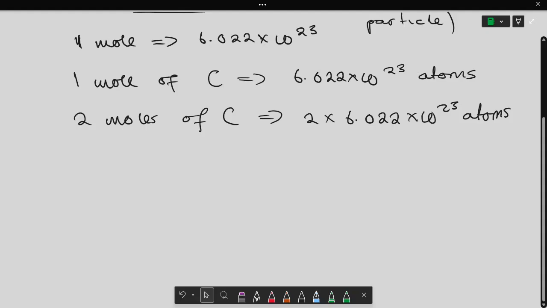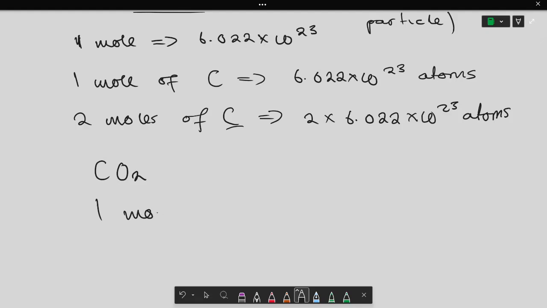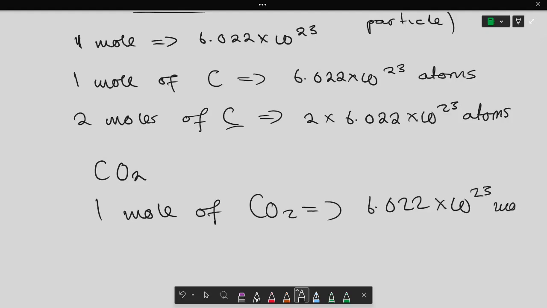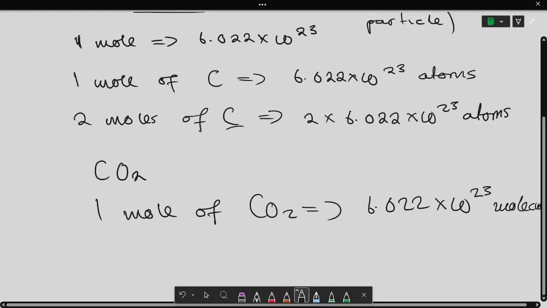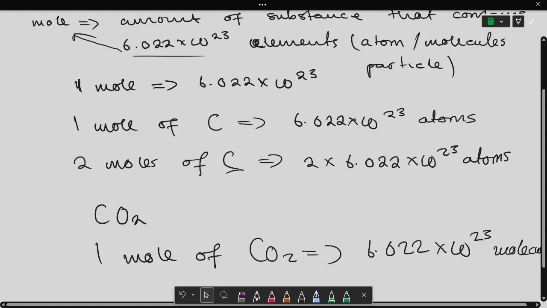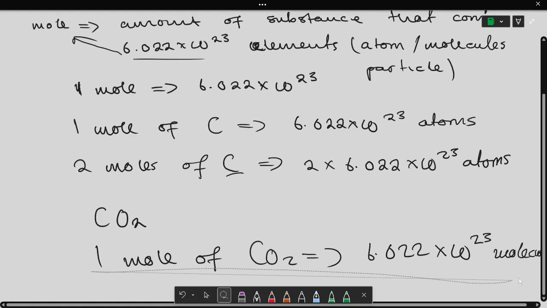And it's not just about elements. We can also talk about molecules, for example CO2. If we say we have 1 mole of CO2, it means that we're talking about 6.022 times 10 to the power 23 molecules of CO2. So that's the basic definition of a mole.